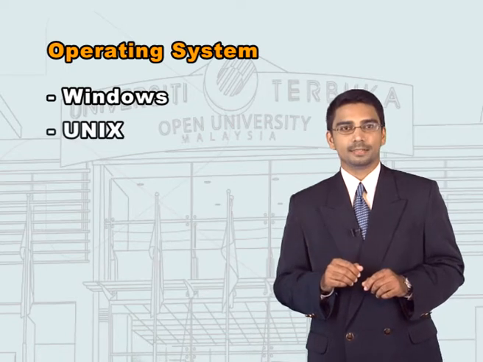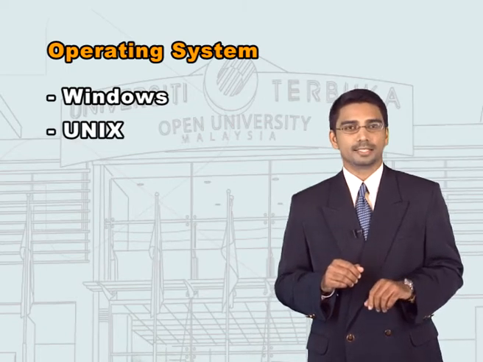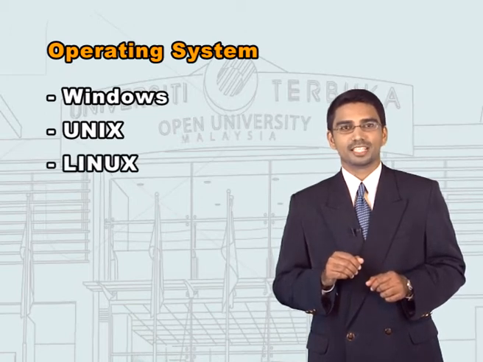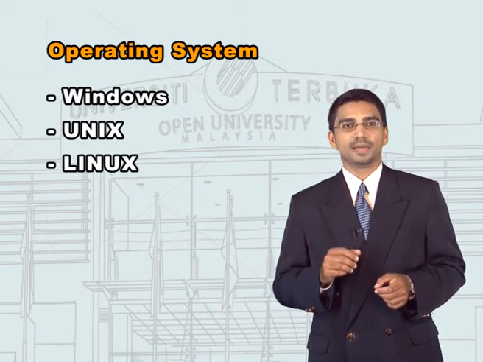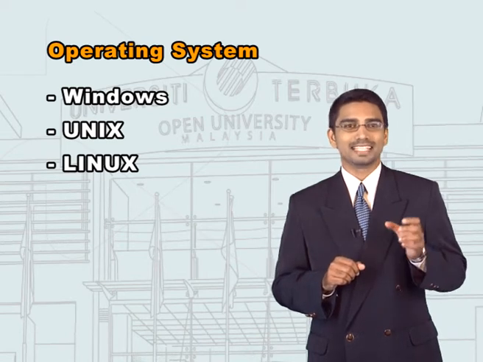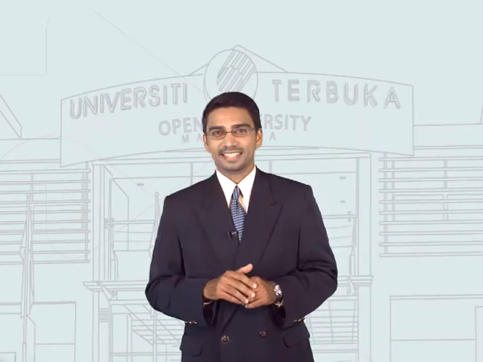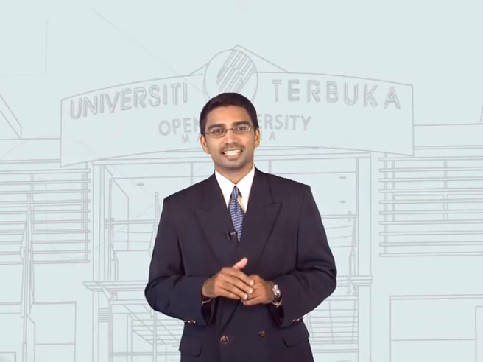Unix operating system is mostly used in the server system. Linux operating system contains various features of Unix and is becoming more popular because it is a free and reliable operating system.